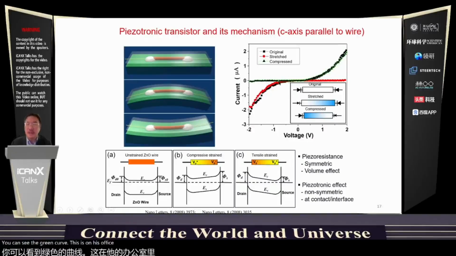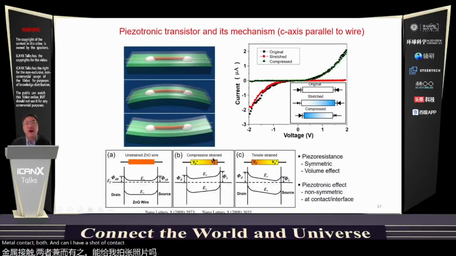You can see the difference between the green curve and red curve from the black curve is just one half. This is the interface tuning. Why is this? If you have an interface like that, a metal contact, both ends can have Schottky contact.